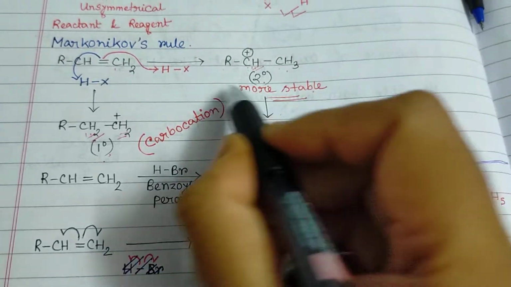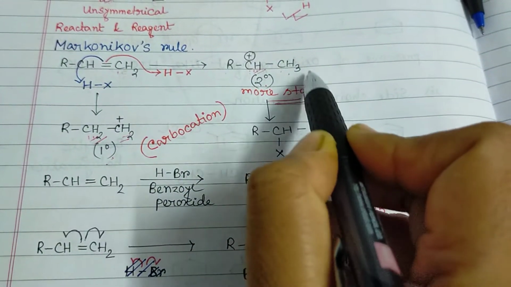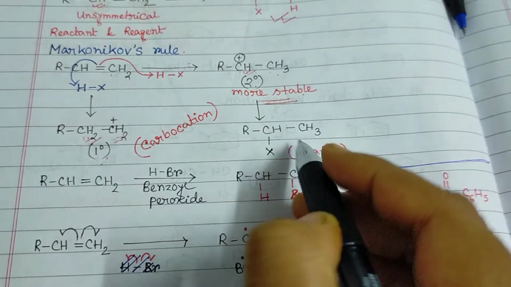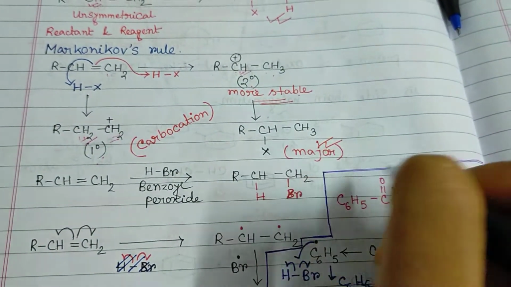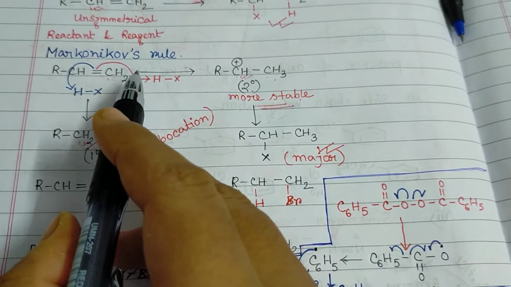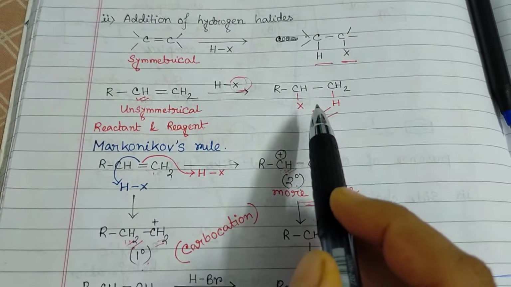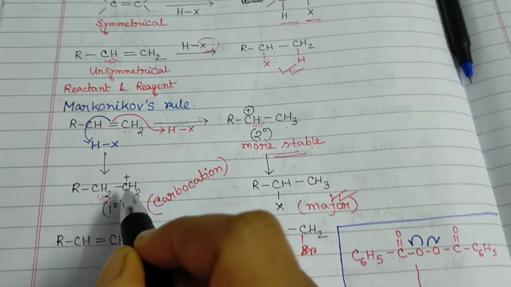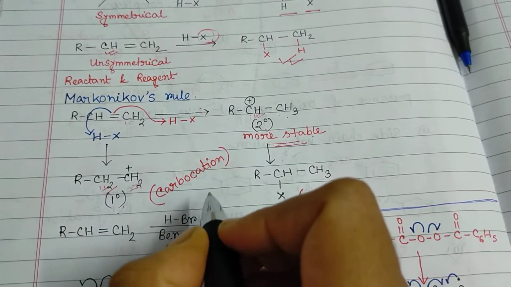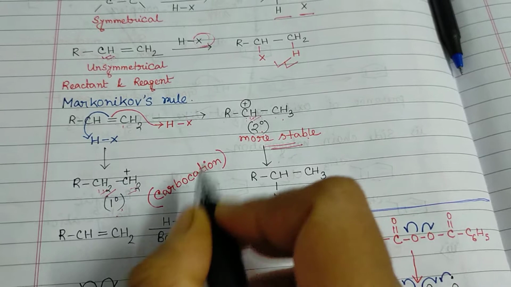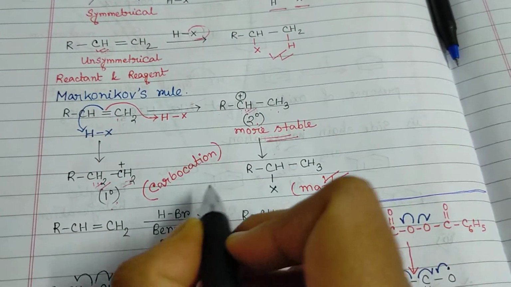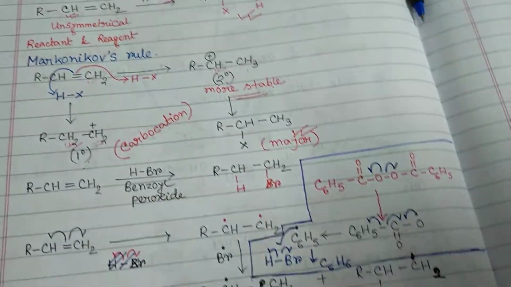So the more stable intermediate of this addition reaction will give us the major product. According to Markovnikov's rule also, we have seen that the major product is this one. So this carbocation intermediate formation is the basis of Markovnikov's rule.